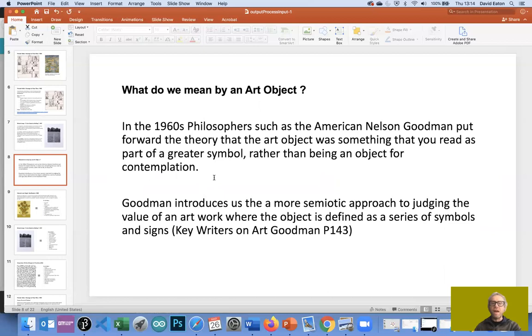So rather than this idea of the beautiful image that hangs on the wall and you just sit there and contemplate it, there are a much greater range of things going on with the image. Lots of signs, symbols, context, etc. So the object becomes much bigger than the physical thing that you're looking at. And he introduces a much more semantic approach to looking at artworks.